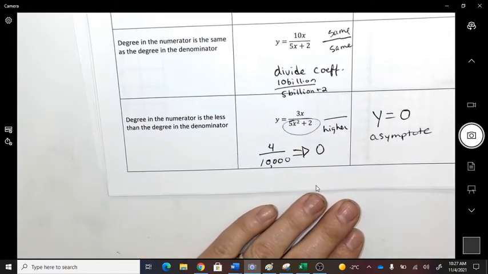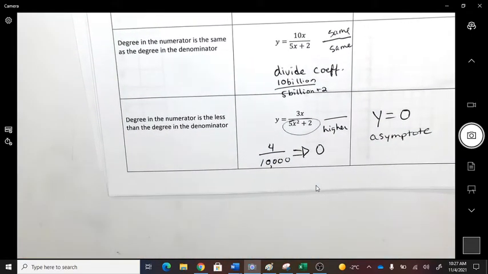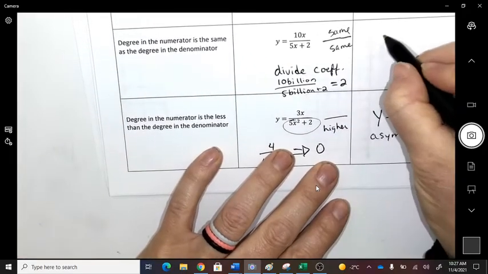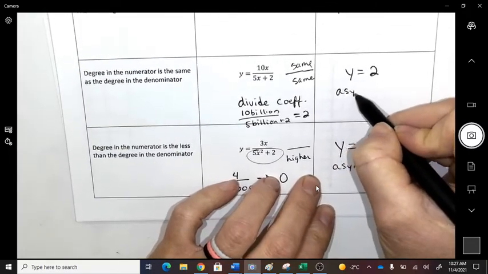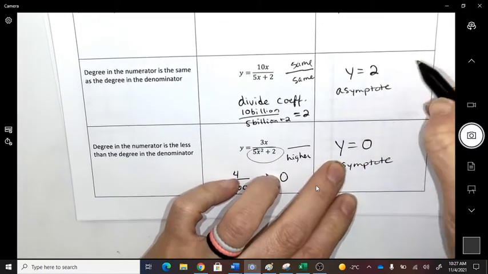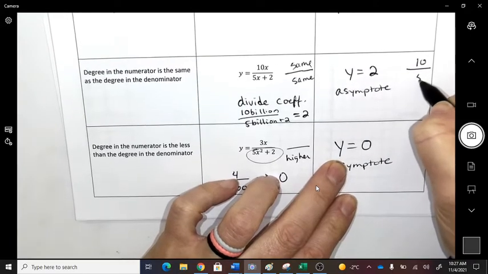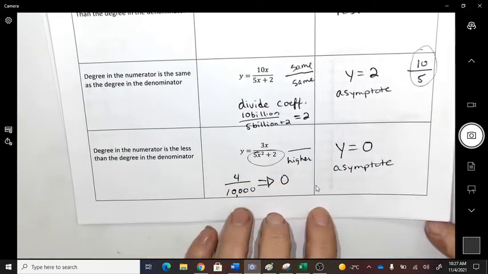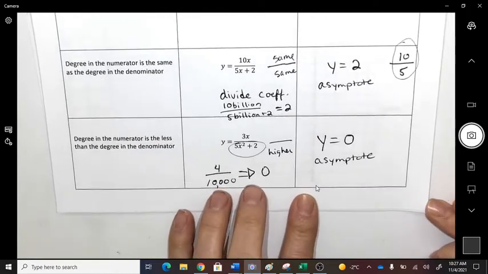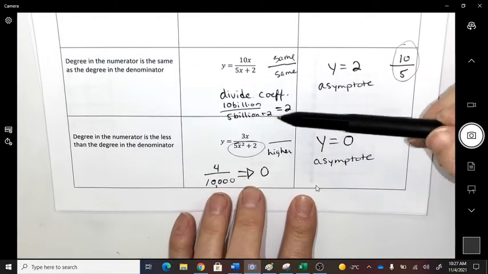What number is that really close to, or basically essentially at? 2. Okay, so if they're the same, you divide the coefficients, and this is kind of the idea.